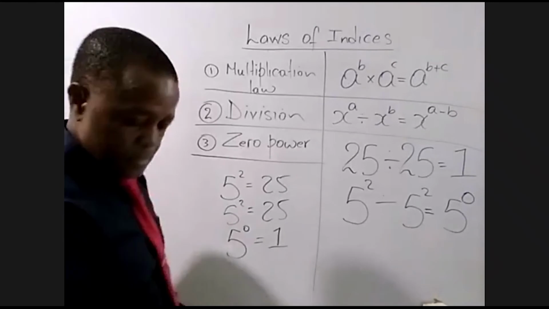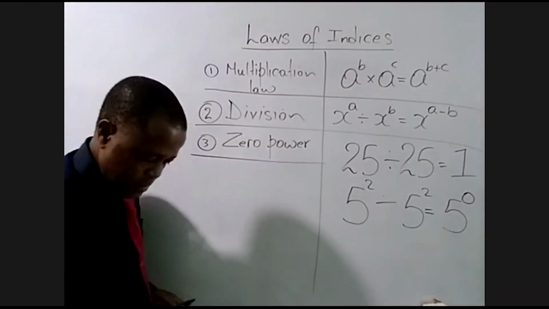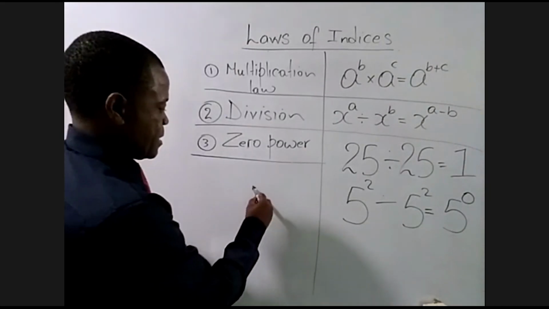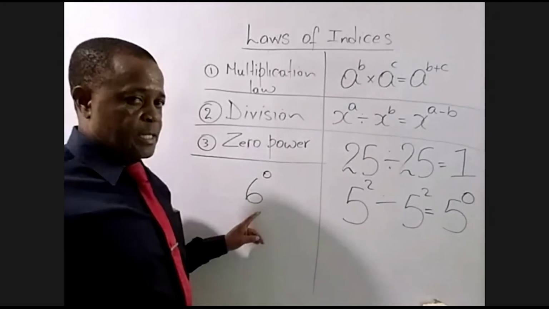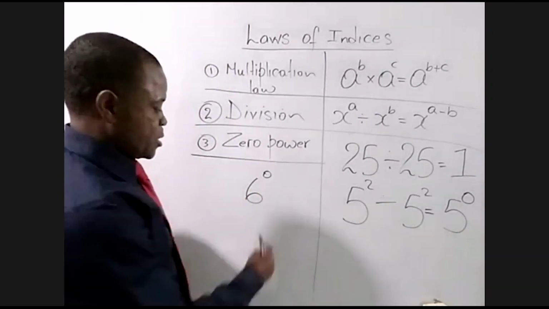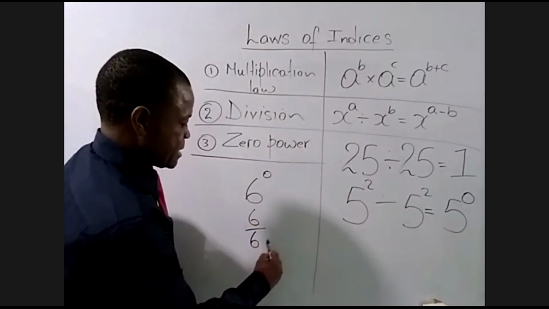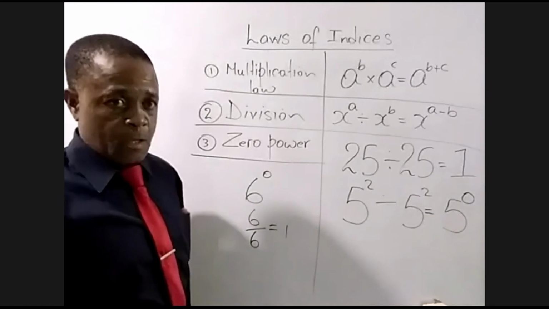So if I should put, say, 6 to the 0, I can actually look at it as this is just 6 divided by 6. So 6 divided by 6 is equal to 1. Good with that?